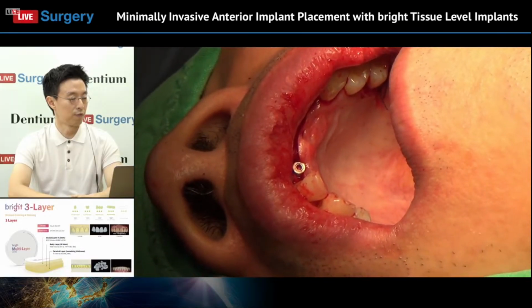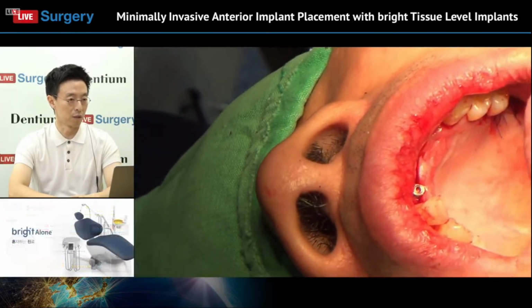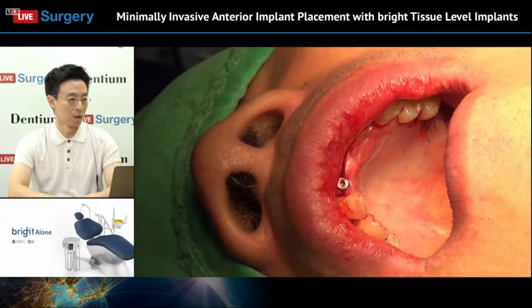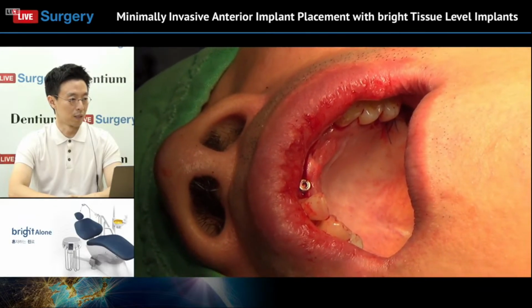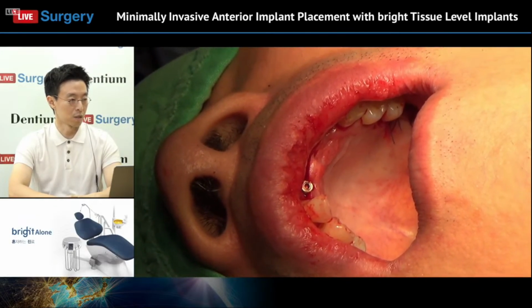The insertion torque of both implant fixtures was more than 13 Newton.